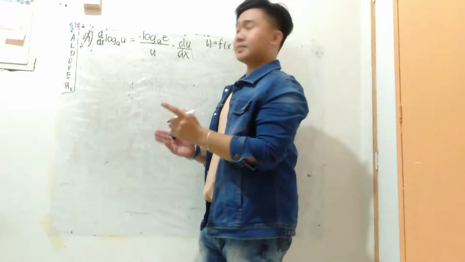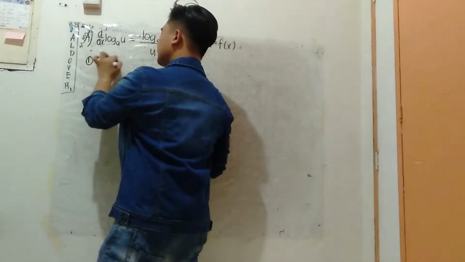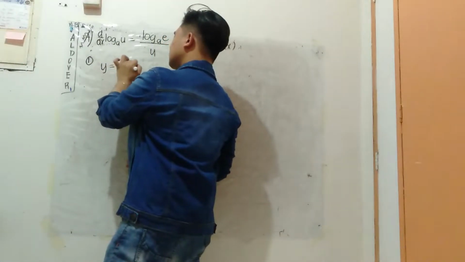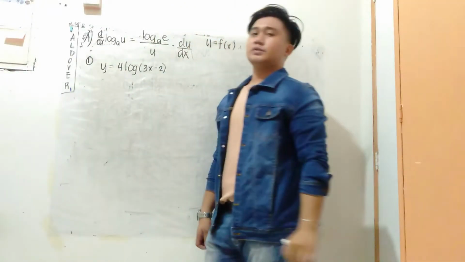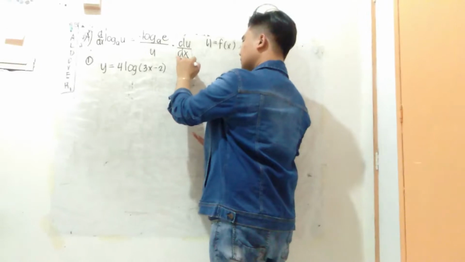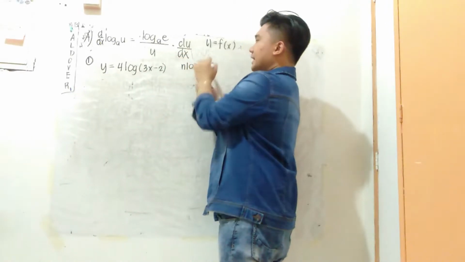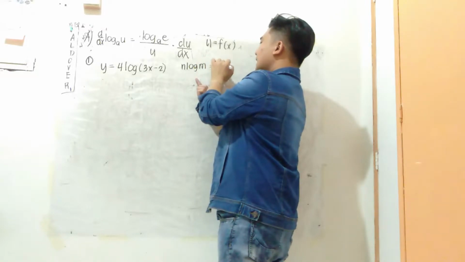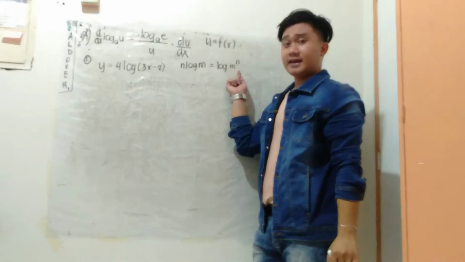Do not forget that u is a function of x. Okay? So, number 1, if y is equal to 4 log of 3x minus 2. Recall, when you have n log m, that is equal to log of m raised to n.